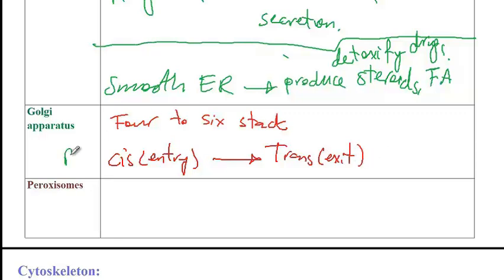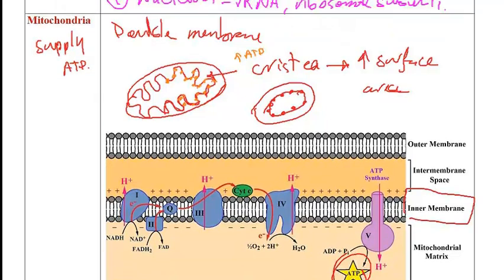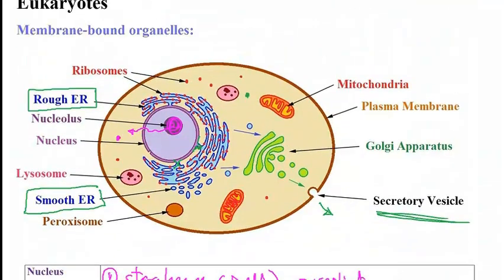So we have the rough endoplasmic reticulum usually on this side, and then the cell membrane is usually faced on the trans side. So if we refer back to the image I've shown you here, you can see that the cis or entry side is facing the rough endoplasmic reticulum versus the trans side that is facing the cell membrane, and that's the site where the vesicles will exit and get excreted as secretory vesicles.